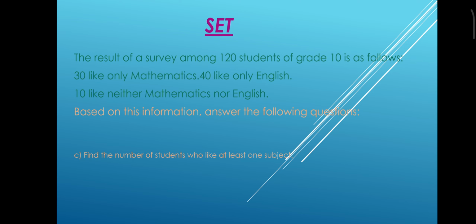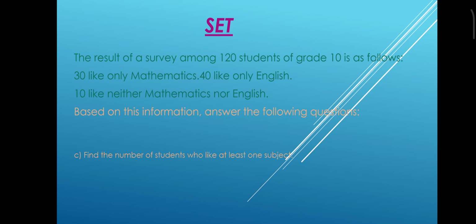the result of a survey among 120 students. There are total 120 students of grade 10 as follows: 30 students like mathematics only, 40 like English only, and 10 like neither mathematics nor English.